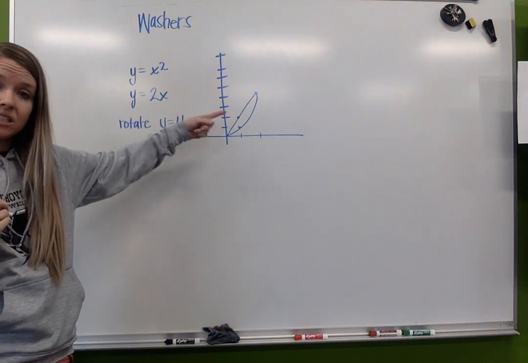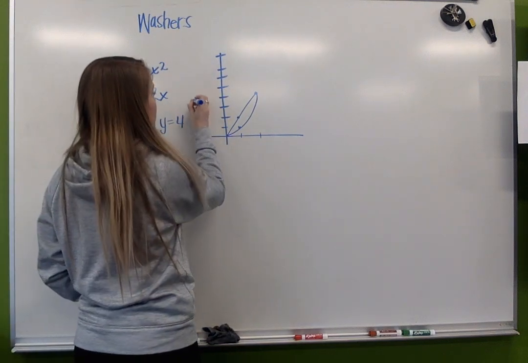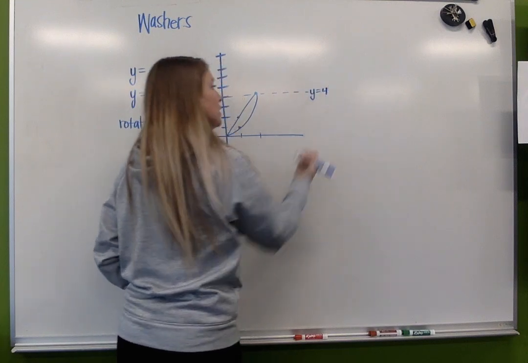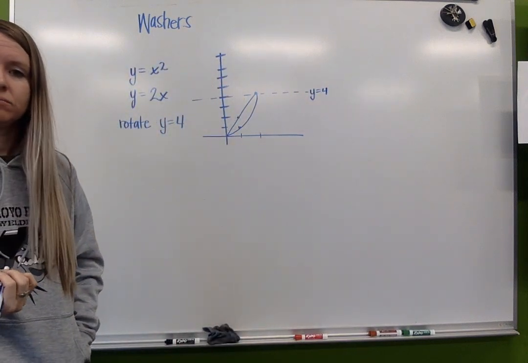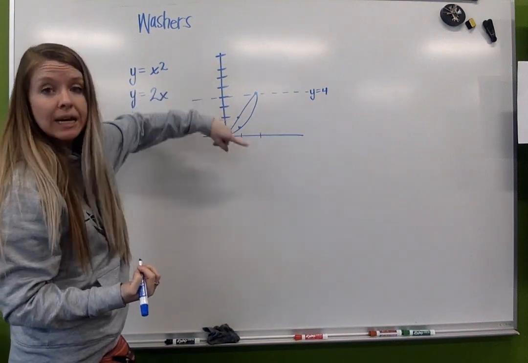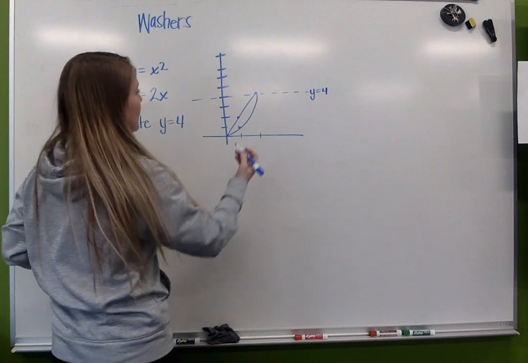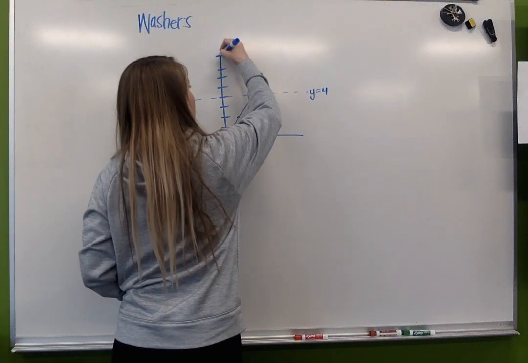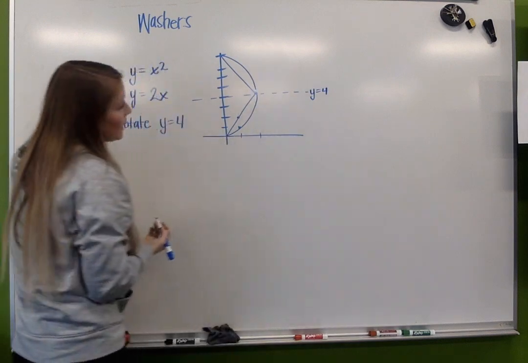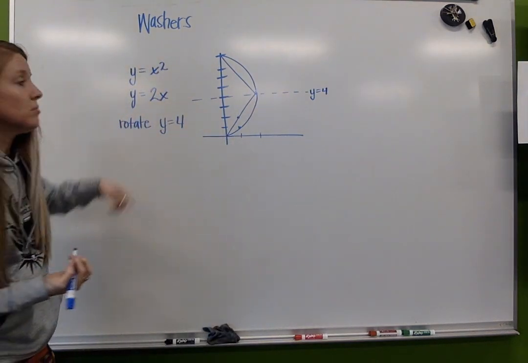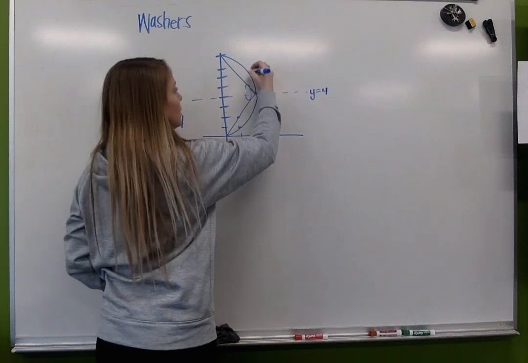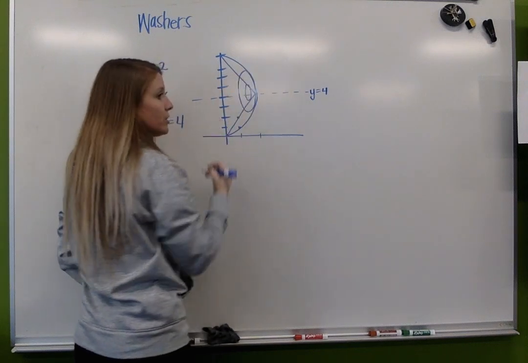So we're going to take this shape and we are going to rotate it around the line y equals 4. So instead of rotating down, I'm rotating up. And we just get, again, another reflection. It's going to look like this. Okay, we can see that inner circle and our outer circle.